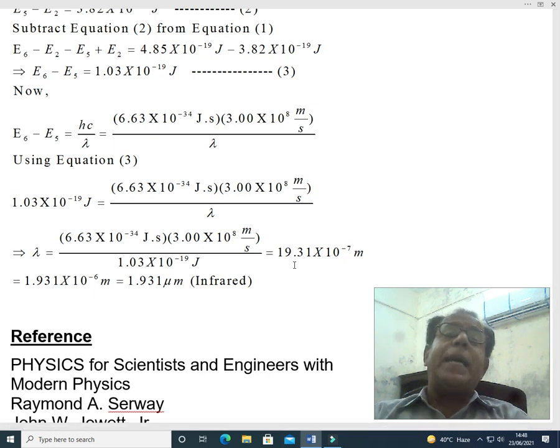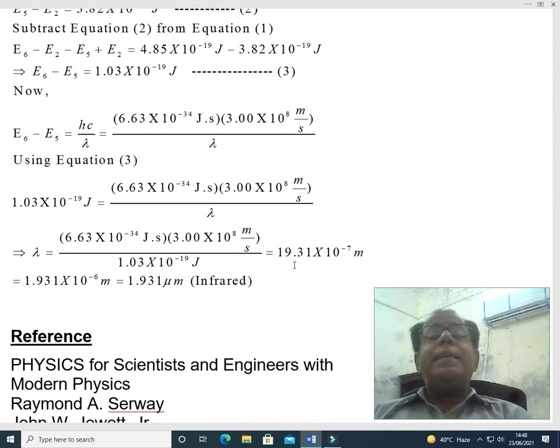Okay, 19.31 is actually improper. After the decimal, we pronounce each digit separately. 19.31 is improper, 19.31 is proper. So lambda has become equal to 19.31 into 10 raised to the power minus 7 meter.